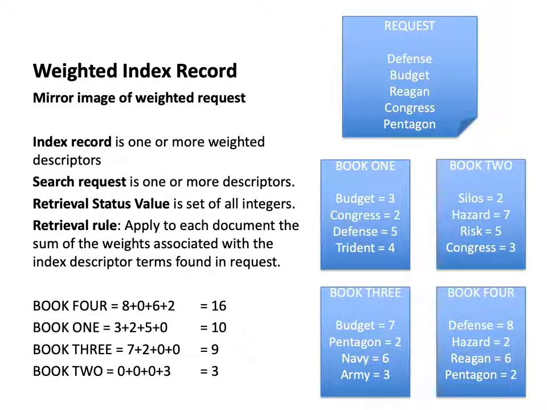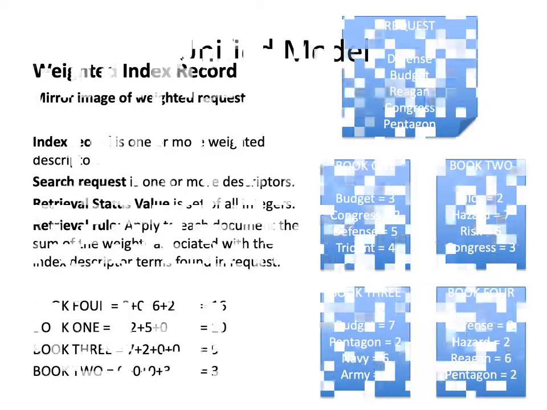In the early 1980s, a unification of the two models came about when Steve Robertson visited Berkeley and worked with Bill Marin and Bill Cooper, trying to put the two ideas together, the weighted request and the weighted index records.